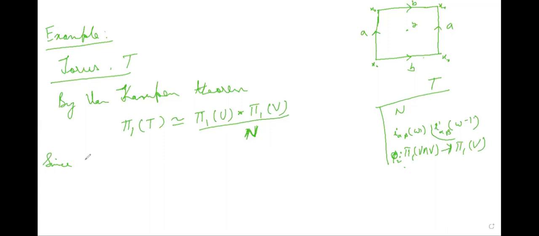Since U intersection V is what? It is the open disk with one point y removed, right?